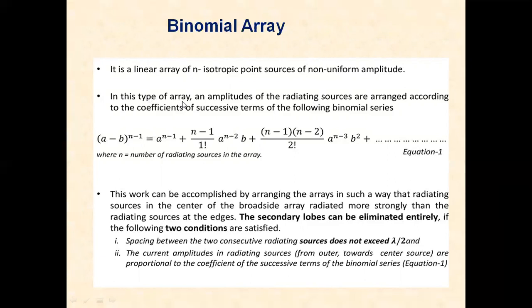In this type of array, the amplitudes of the radiating sources are arranged according to the coefficients of successive terms of the binomial series.